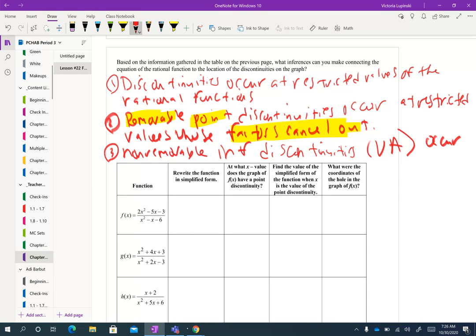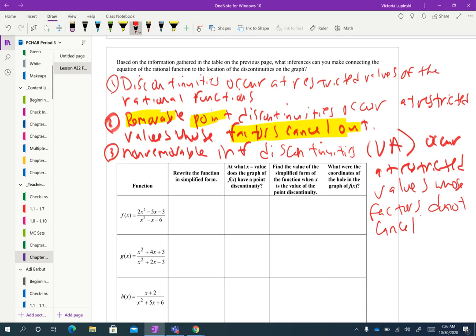Occur at restricted values whose factors do not cancel out, of the denominator.